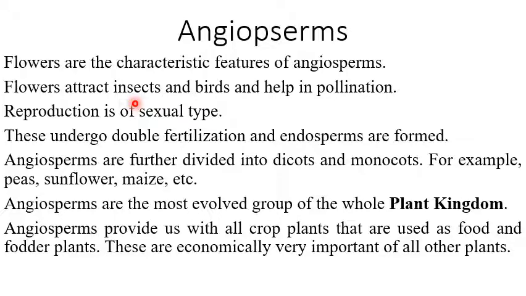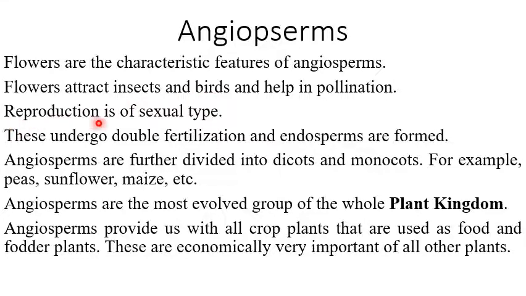Insect pollination is called entomophily. Wind pollination is called anemophily. Pollination by birds is called ornithophily. If pollination is taking place with the help of water, that is called hydrophily.